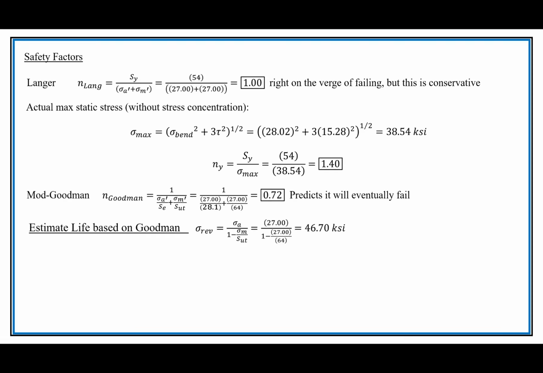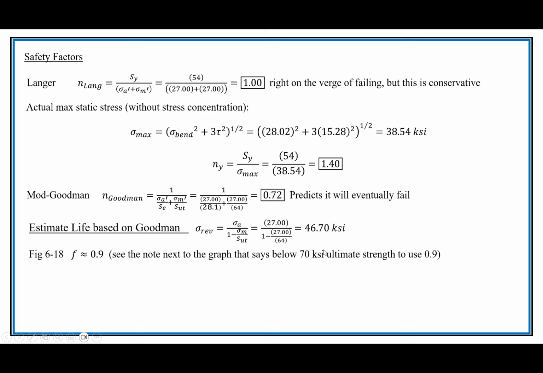We could see what the equivalent completely reversed stress would be, and we're predicting by way of equation here, it's 46.7. We could also predict it by way of graph. By the way, this is a low strength thing, 64 KSI ultimate strength.